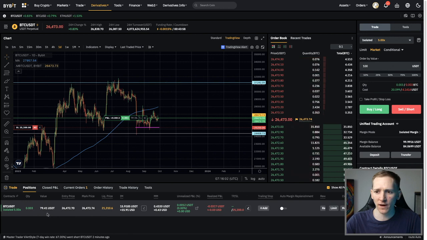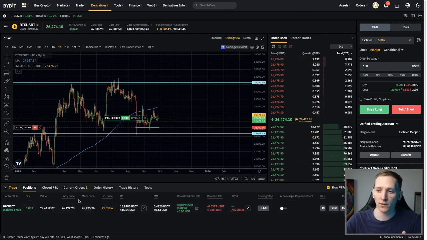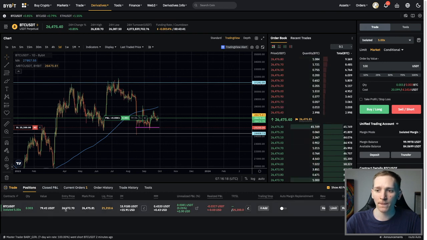Right here, you can see the trade value, the order entry price, the mark price, which is the actual mark price of the contract. That is the official price that will be used to determine any liquidations that may occur, not the entry or the market price. This is the market price. This is irrelevant compared to the mark price of the contract. This is the official contract price that you need to look at.